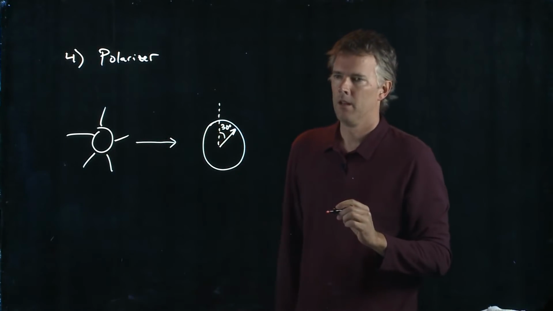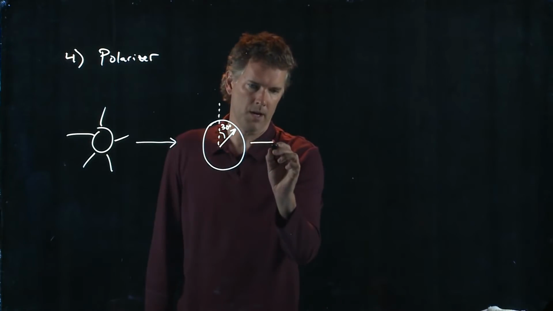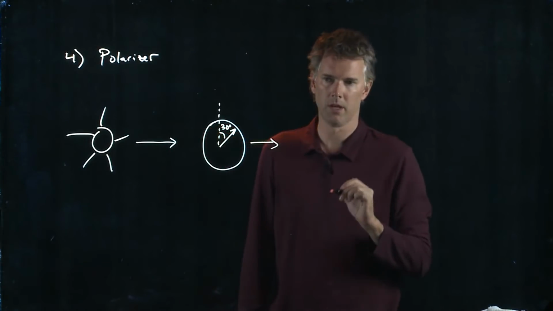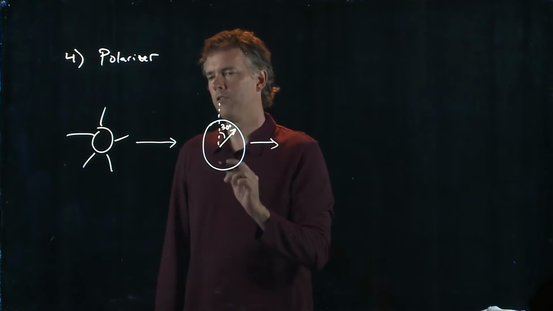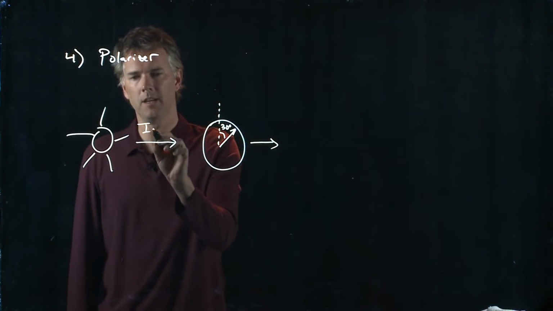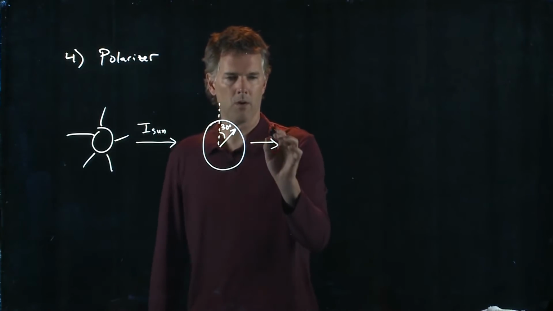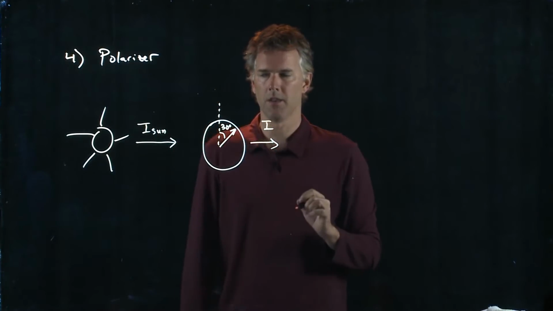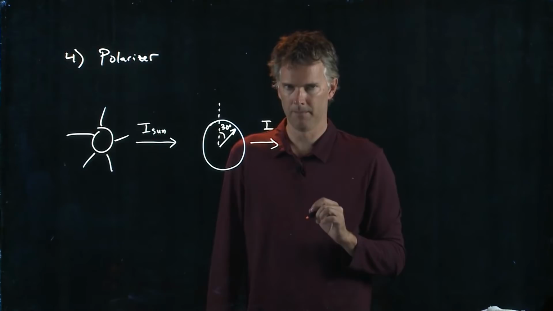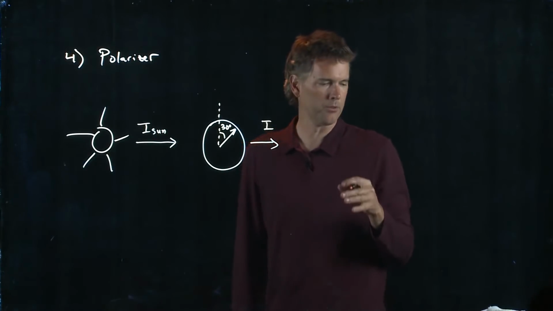They want to know how much is coming through the other side. So if this is the intensity of the sunlight coming in, we want to know I on the other side of this polarizer. So how should I approach this problem?